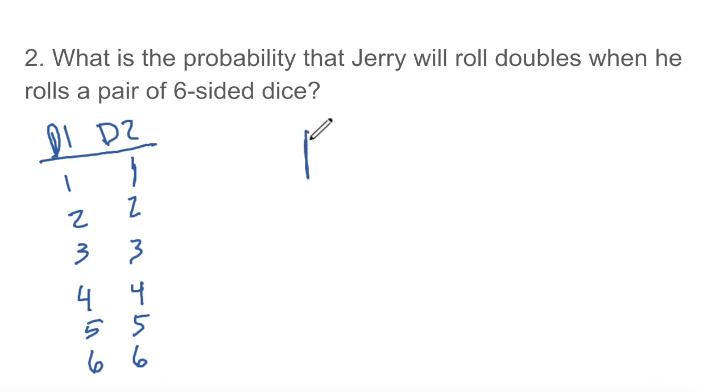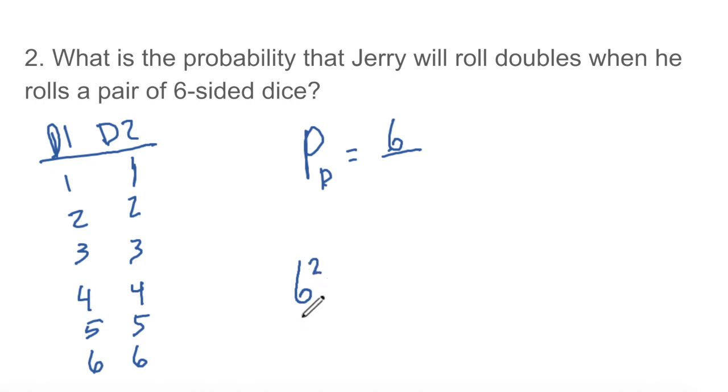So here the probability of rolling a doubles is equal to the number of winning outcomes, which we just determined was 6, divided by the number of total outcomes. What are the number of total outcomes? Let's see, if you watch my first video in this series, there are 6 sides on each die, and there are 2 dice.